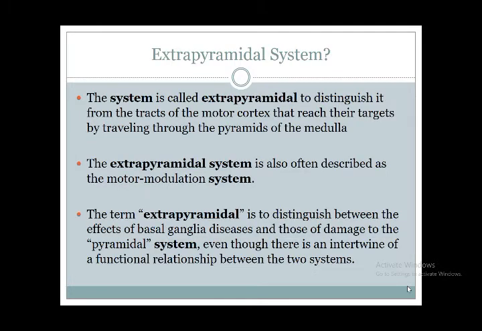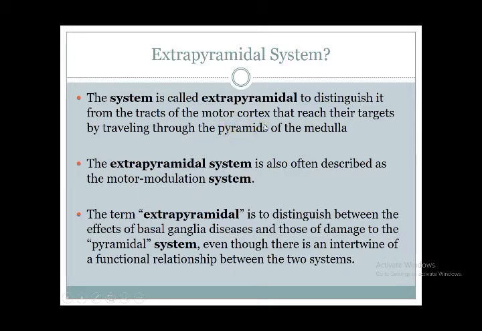So to start with, what is the extrapyramidal system? Originally, this system is called extrapyramidal to distinguish it from the tracts of the motor cortex that reach their targets by traveling through the pyramids of the medulla. We know the pyramids of the medulla are where the corticospinal tracts merge and decussate.